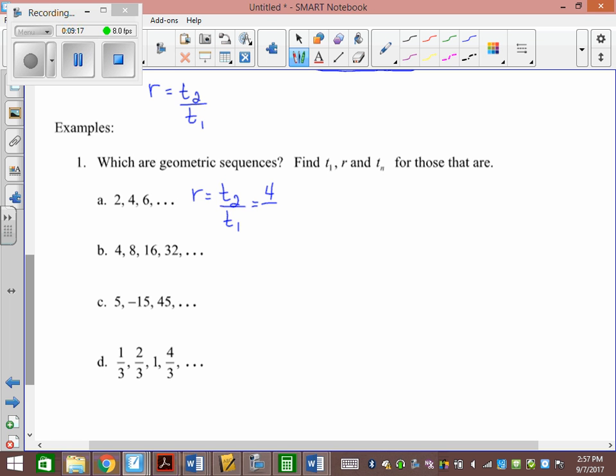So 4 divided by 2 is 2. So you could do the next one, or you could literally just check them and see if it works, right? 2 times 2 is 4. 4 times 2 is 8. Is this geometric? No. What is this one actually? Arithmetic.